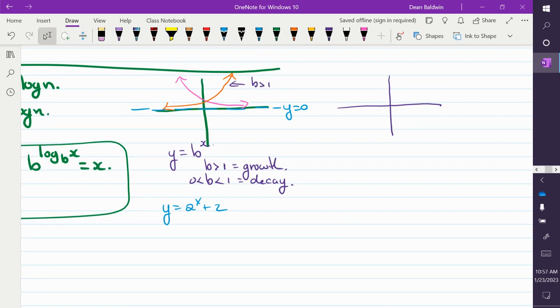So then the log graphs are inverses. Instead of a horizontal asymptote, we now have a vertical asymptote, which starts at 0. Two types. You can have y equals log base b of x, where b is bigger than 1.